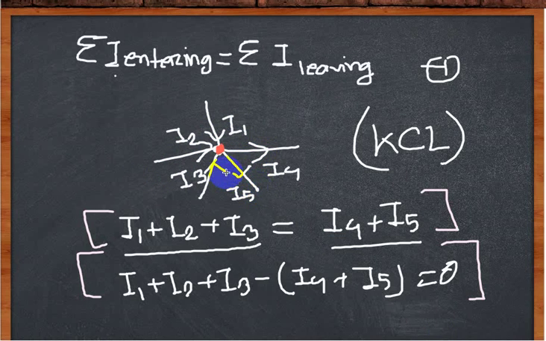So that means we can write that the summation of entering currents, that means I1 plus I2 plus I3, is equal to the summation of leaving currents, that means I4 plus I5. Or we can write that I1 plus I2 plus I3 minus I4 minus I5 equals 0.